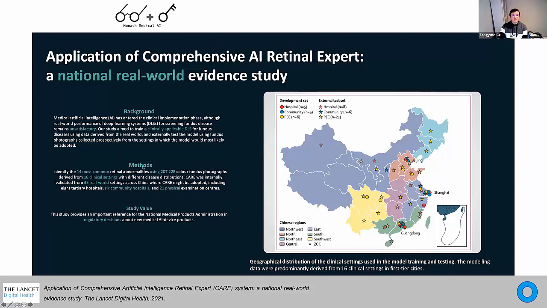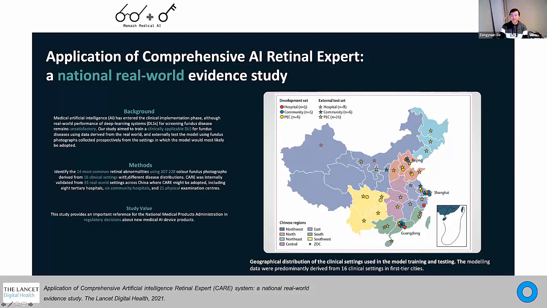Their method has been trained using around 200,000 color fundus images, covering lots of hospitals. I think it's a real world study because it derived from 16 clinical settings with different disease distributions. And the model, called CARE, was internally validated in 35 real world settings across China where it has been adopted, including 8 tertiary hospitals, 6 community hospitals, and 21 physical examination centers.